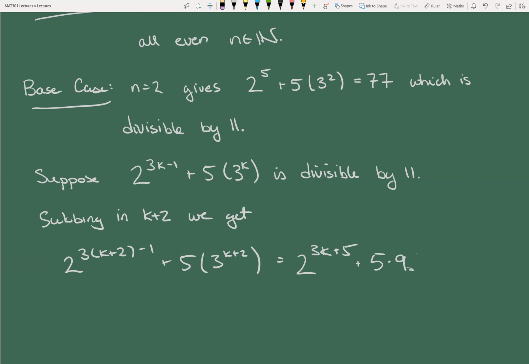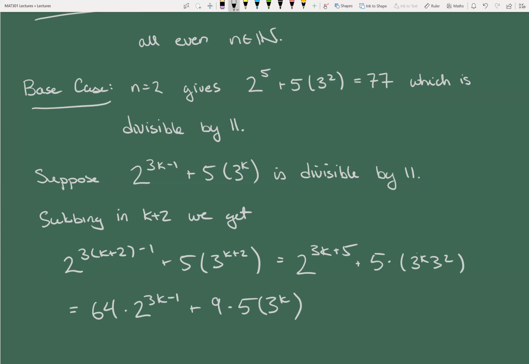Or maybe let me just write it like this. Times 3k, 3 squared. And so that's going to give me 64 times 2 to the 3k minus 1, right? Plus 9 times 5 times 3 to the k. Right? Does that make sense?